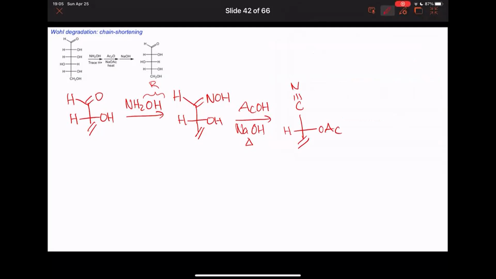And then next you'll add in that base to create a gem diol. And then your gem diols will always collapse down into your aldehydes. Okay. So you see that you lose one carbon on your backbone there.